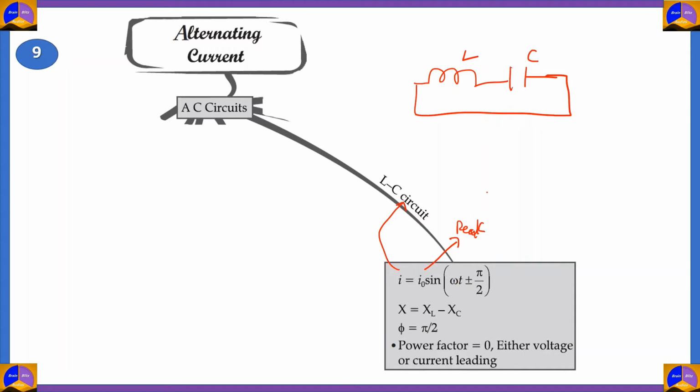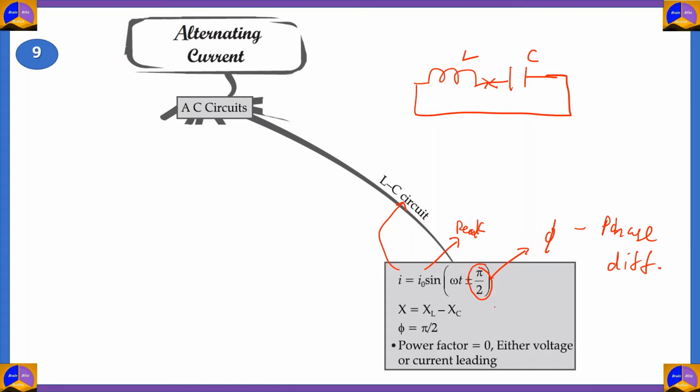So omega t is the direction of the current in every half period, and plus minus phi by 2 refers to the phase difference. The phase difference is plus minus pi by 2.